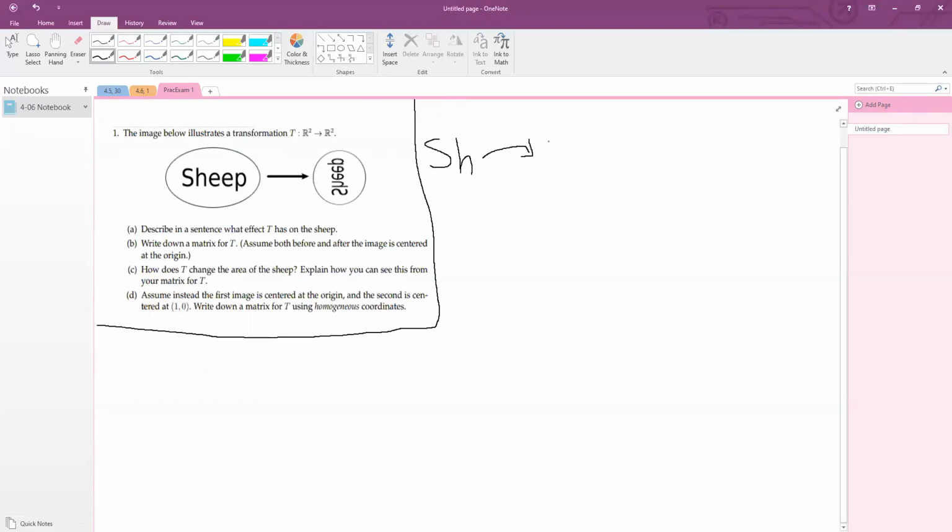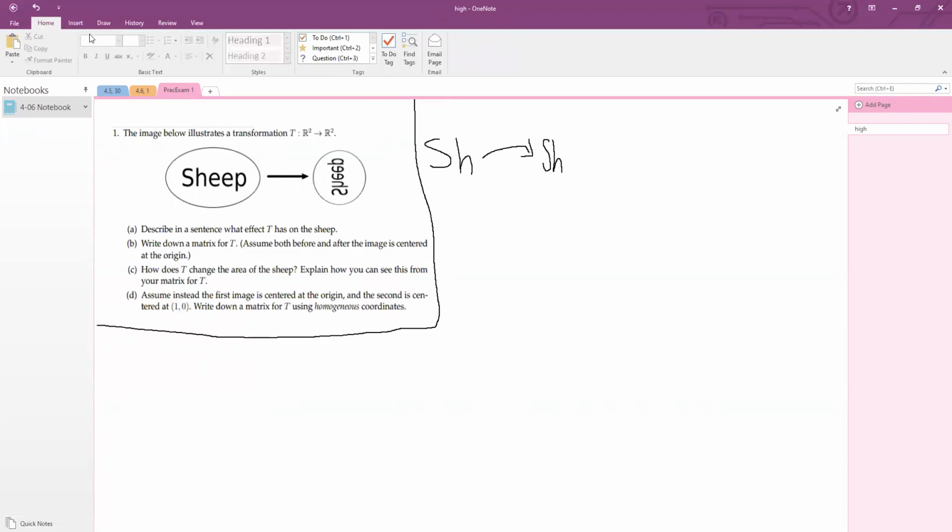All right, so it's going to be compressed down more like this. And we don't know exactly by how much, really. It's hard to say because we're just looking at a drawing. I would probably call this like 1/2. I think that's a fair guess. You don't really know how much, but I'd say this looks about twice as long as it is wide. 1/2 is usually a safe guess.